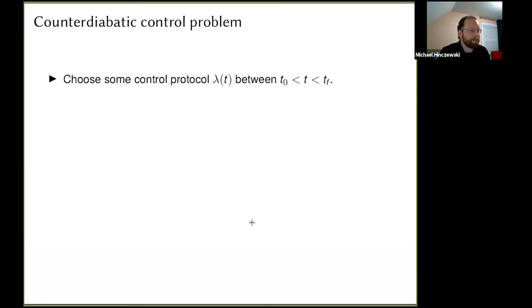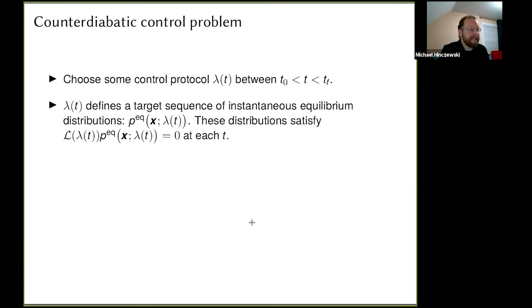All right, so what's the problem that we want to set up? So we're going to choose some control protocol, lambda of t, between initial and final time. That lambda of t is going to define a sequence of instantaneous equilibrium distributions. So basically P equilibrium at each value of lambda along our protocol. Each of these distributions are basically right eigenvectors of our differential operator, our Fokker-Planck operator, right?